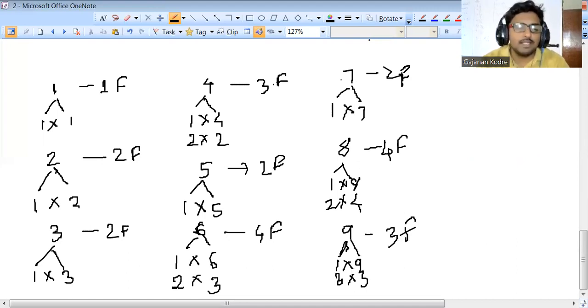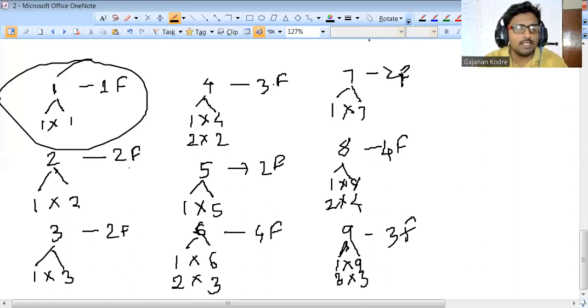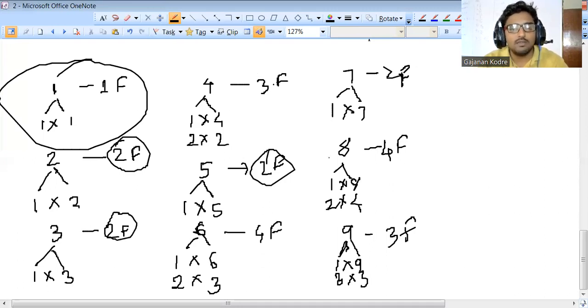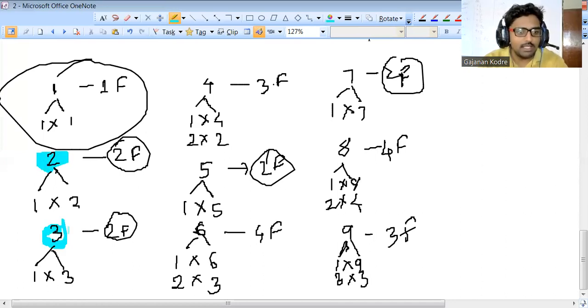So from this, we come to know how many factors a number has. Number 1 has only 1 factor, 2 has 2 factors. Whatever number has only 2 factors is a prime number. So the prime numbers here are number 2, number 3, number 5, number 7.